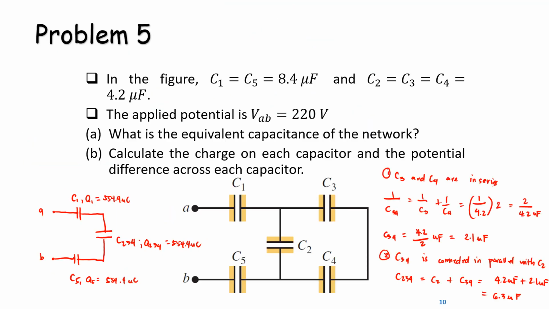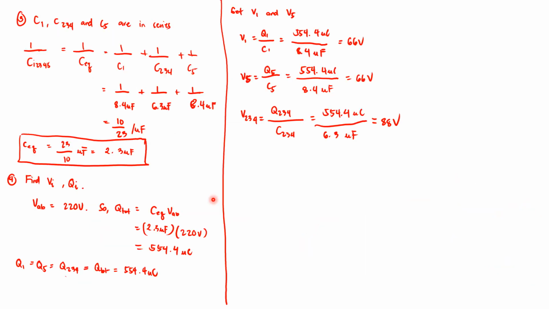Now take note, class, that since C34 is connected in parallel with C2, whatever is the voltage drop on C2 is also the voltage drop on C34. So let us write.